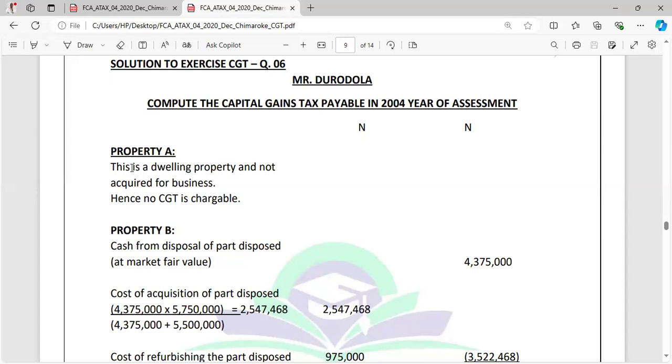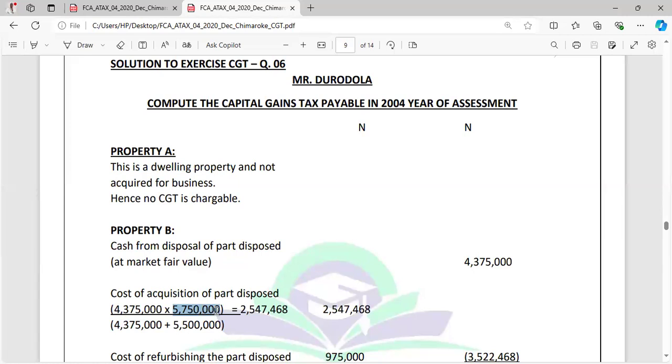Now, the question is, what is the cost of acquisition of that part disposed? Now, the asset was disposed at 4,375,000. That is why we have this thing here as A up here, and we have it here down as A. The original cost of the asset, the full asset, is 5,750,000.